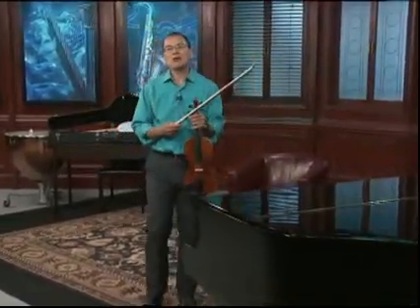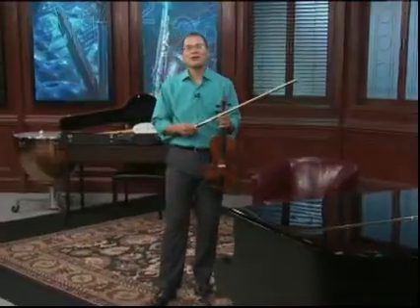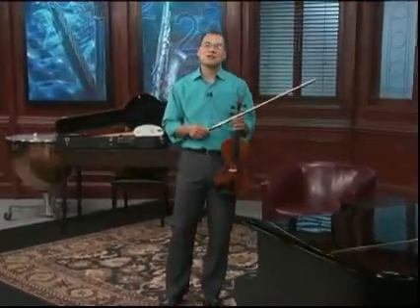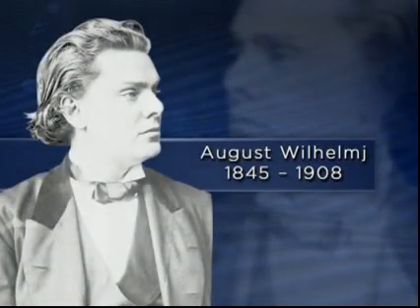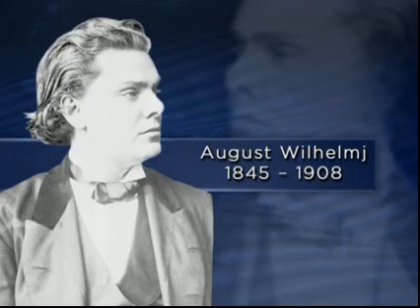A more subtle way of doing this is not asking different instruments to play different things because of the difference in timbre, but asking a single instrument to play in different ways: plucking, bowing, or playing harmonics. And that takes us back to the opening music, the Air on the G String. Bach wrote the Orchestral Suite No. 3 around 1731, but it was August Wilhelmj, a German violinist, who adapted it just for violin and piano.